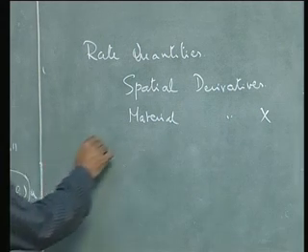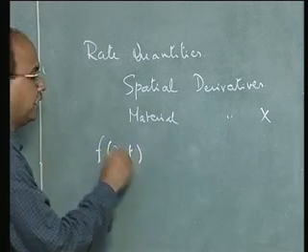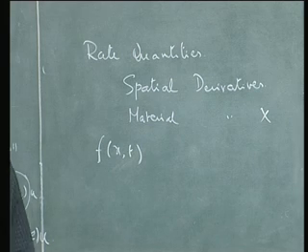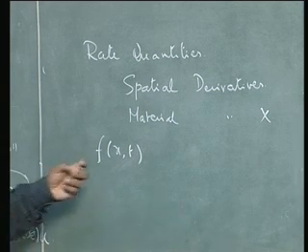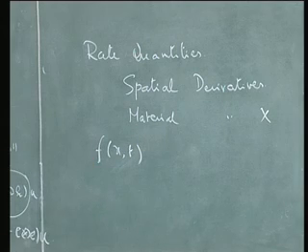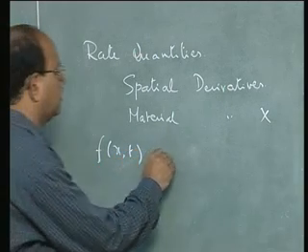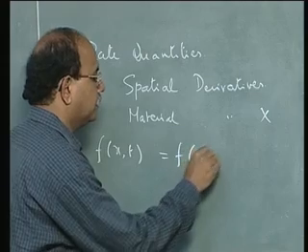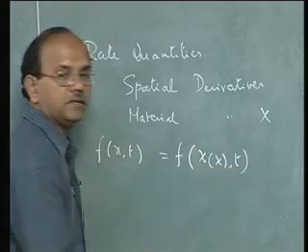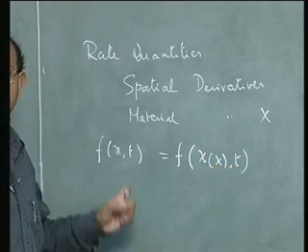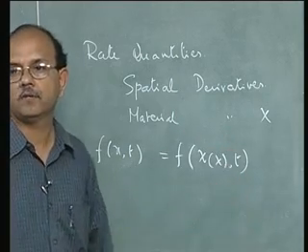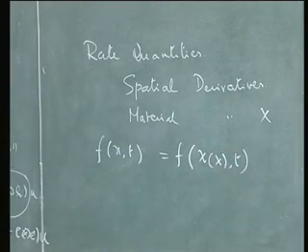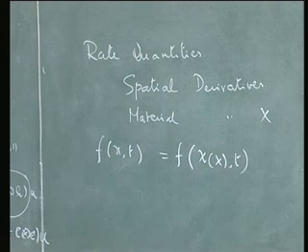For example, if I have a quantity f of x comma t, I want to find out the material derivative of this. That means I can write this down as f of chi of X comma t. The material time derivative is obtained by keeping X a constant at a particular X. We will look at this physically in a minute after we derive what this means.